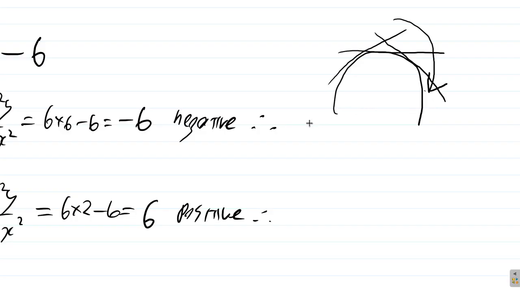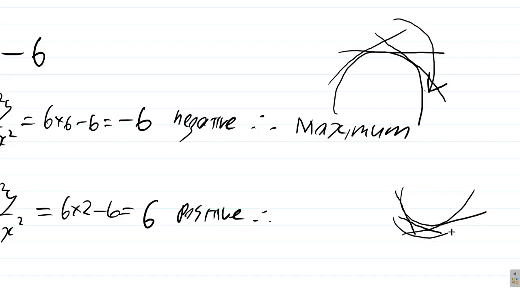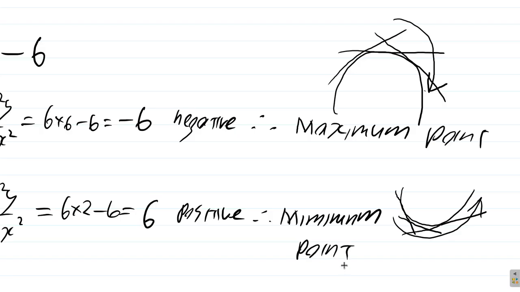So you would have a maximum point. And then if it is positive, it means the gradient of your tangent line would be increasing, so it would be swinging upward. So that means you have a minimum. Maximum point, minimum point.